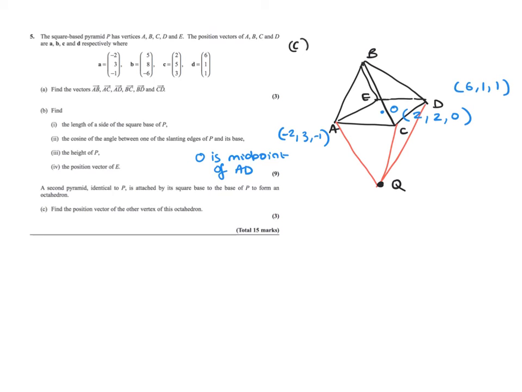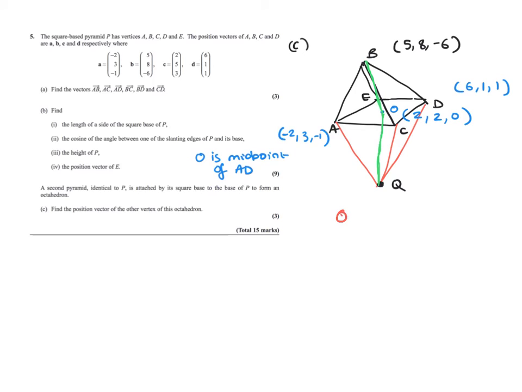So take the average of those and you get 2, 2, 0. Now B's coordinates up over here are equal to 5, 8, -6. So effectively, we just have to look at the gap between the x-coordinate, the y-coordinate, and z-coordinate between O and B, and then repeat that, but in the opposite direction.